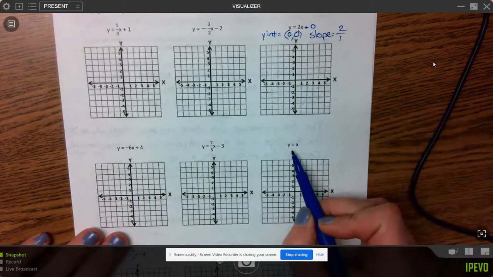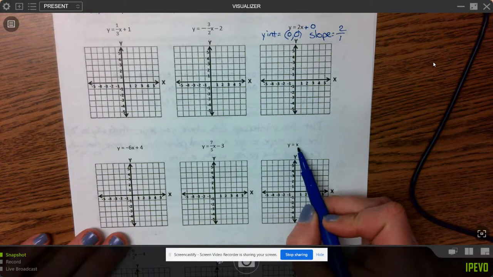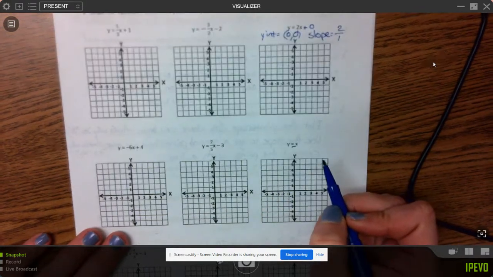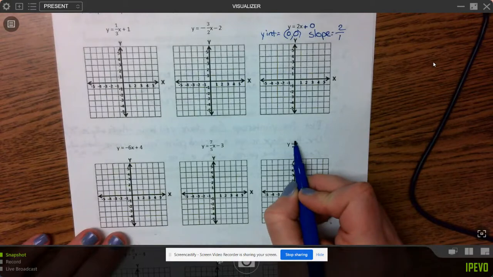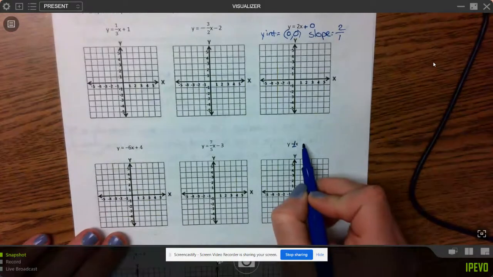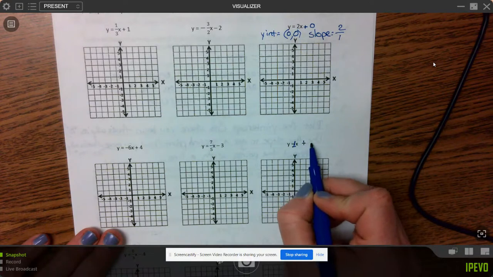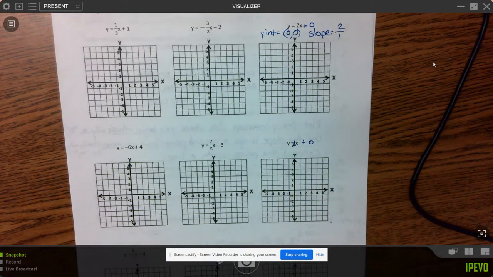When we come down to this one, we see y equals x. Remember, for multiplying our x, if there's nothing there, it means there's a 1. And if there is no b listed, it means plus 0. So again, you're going to write out your y-intercept as an ordered pair.